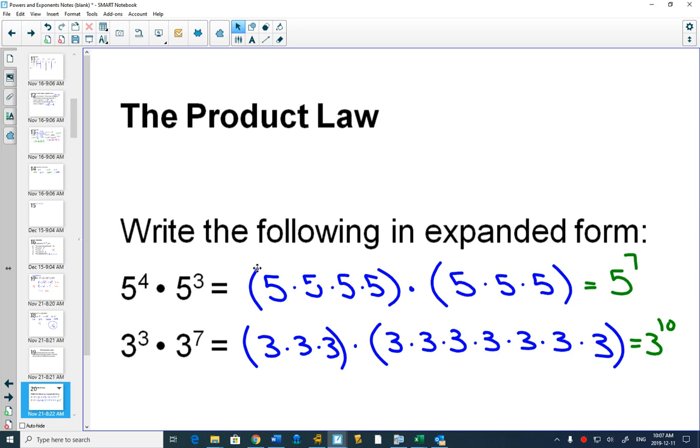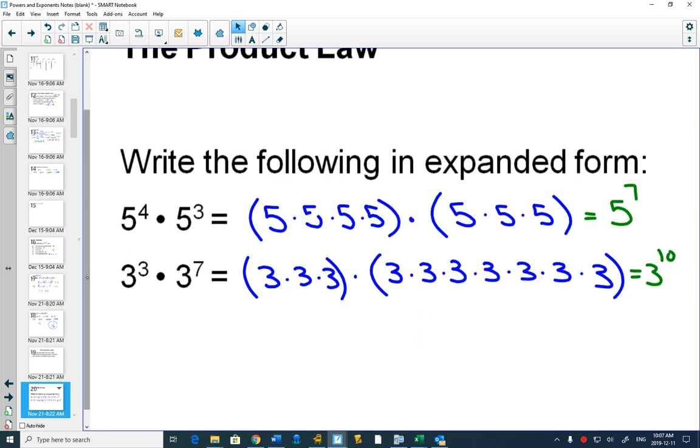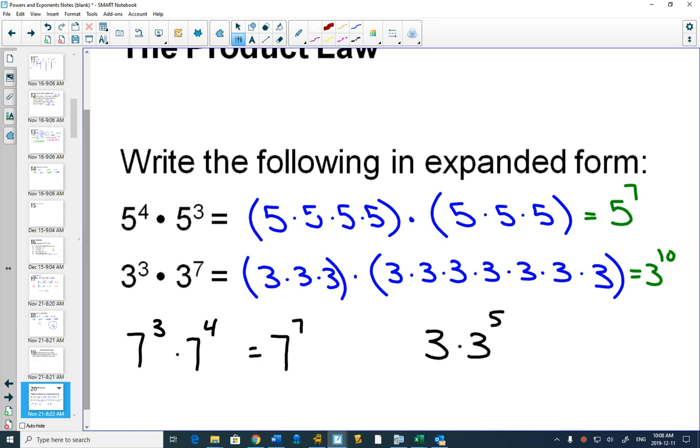Okay? If I gave you another one. Oh, we used 5 already. I'll choose a new number. 7 to the 3 times 7 to the 4. You would get 7 to the 7. What would happen if I did 3 times 3 to the 5?